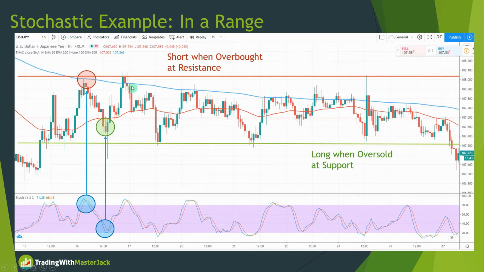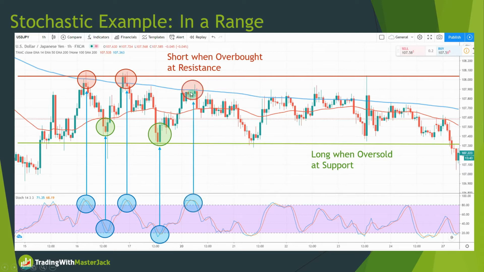And as you can see, it did go upward, and then there's technically another entry point when it's overbought and at resistance. We even have this formation of the shooting star over there, and we carry on. Another oversold situation at support with a bullish engulfing candlestick.